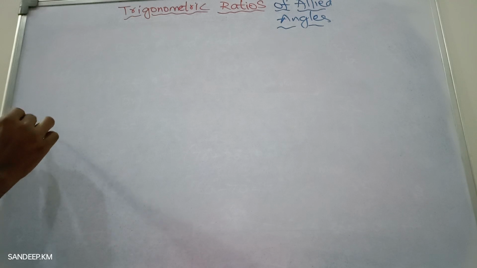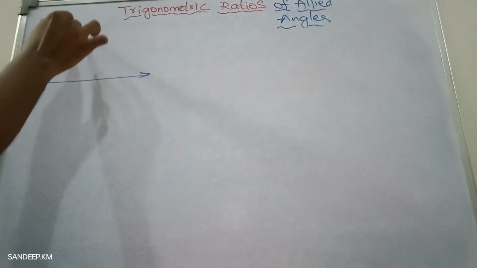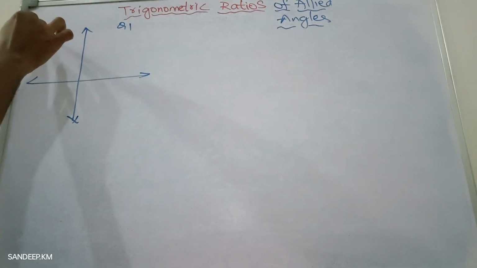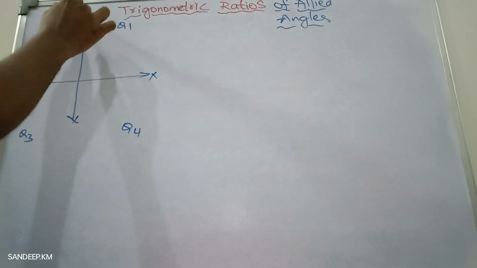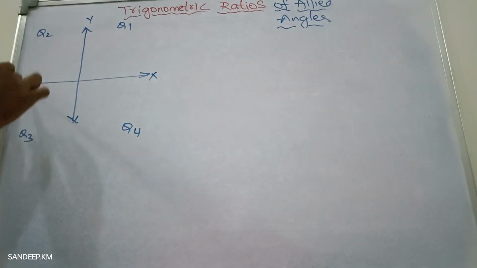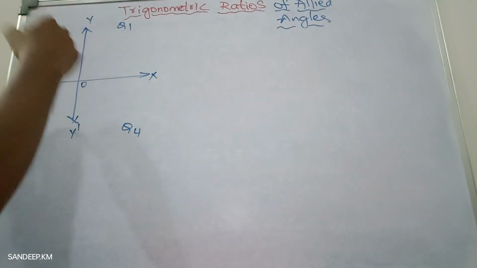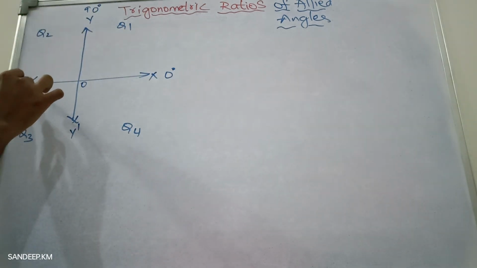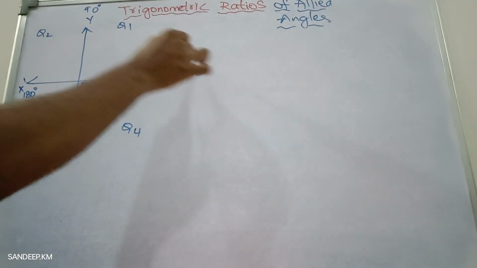Before that you should remember this. In the coordinate axes, this is the first quadrant, second quadrant, third quadrant, fourth quadrant, x-axis, y-axis, x dash, y dash, origin. Let us mark the quadrant angles: 0 degrees, 90 degrees, 180 degrees, 270 degrees, 360 degrees, and you can continue marking.